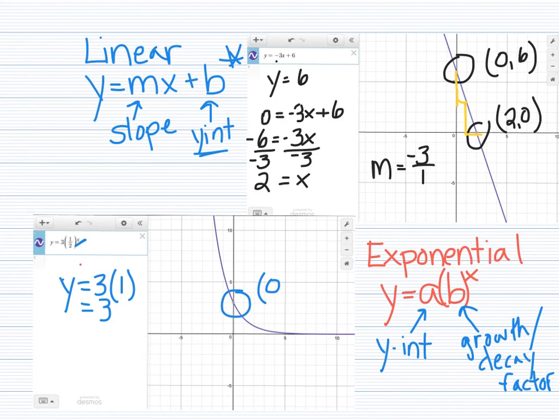When x is 0, y is 3. I'm looking here at a number inside the parentheses less than 1. That tells me it's decaying, which makes sense. The graph is going down. Our numbers are decreasing left to right. So much to think about.